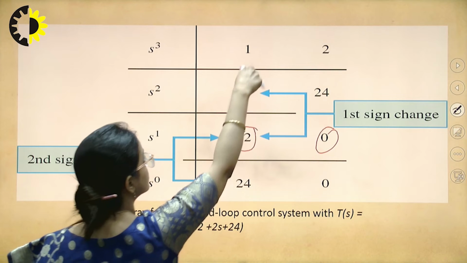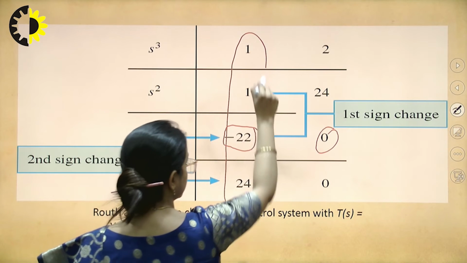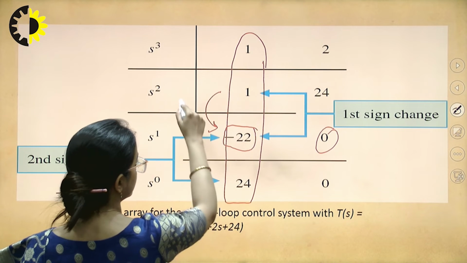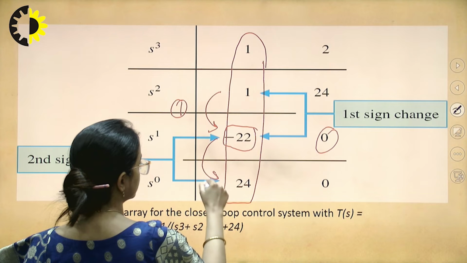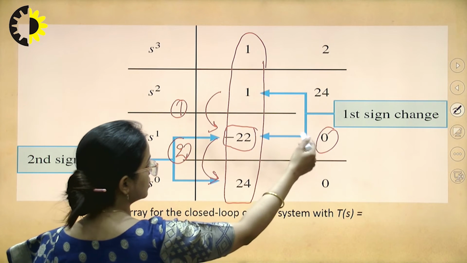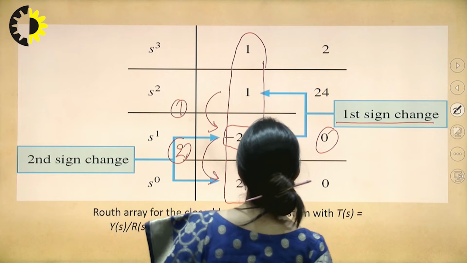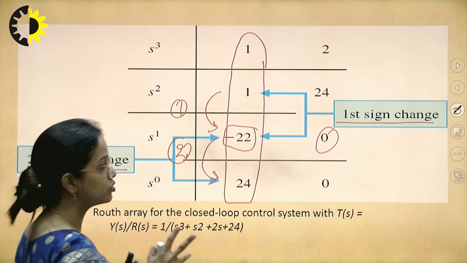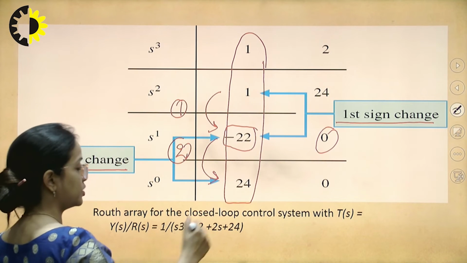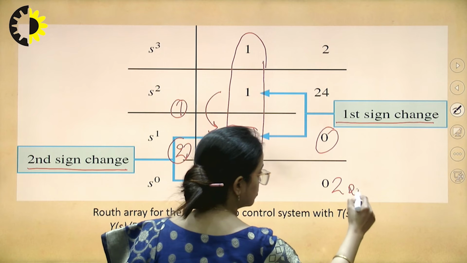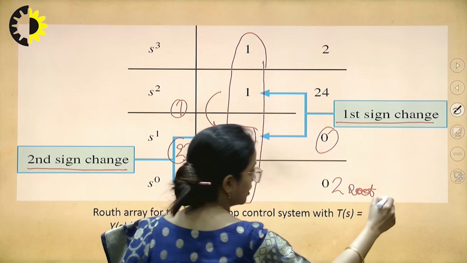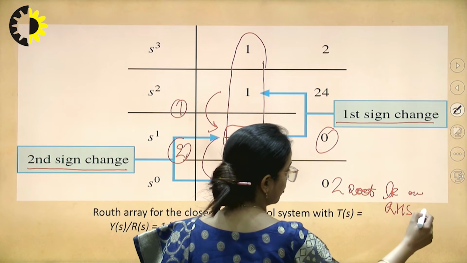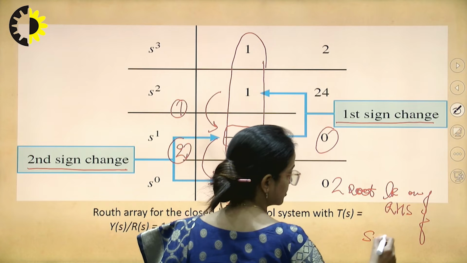Now we have to see this column. Since from here to here there is one sign change, and from here to here there is another sign change. So the first sign change is from 1 to minus 22. The second sign change is from minus 22 to 24. So there are two sign changes. So two sign changes means two roots lying on the right hand side of the S-plane.